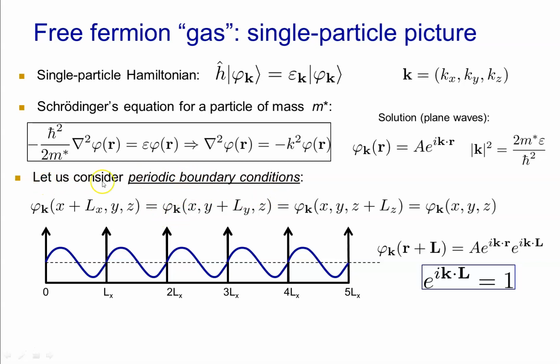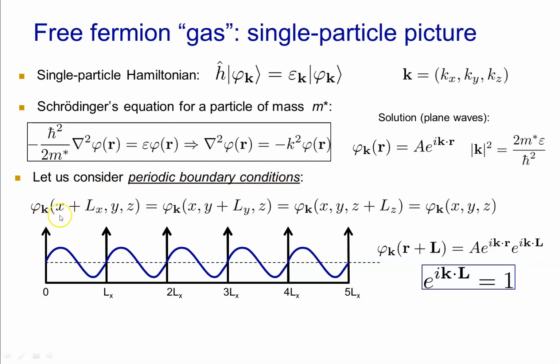And instead of putting our electrons in a finite volume, as sometimes is done, we're going to consider periodic boundary conditions. And this reflects more or less the nature of the periodic potential that in the metals actually is there. So how do these periodic boundary conditions work?